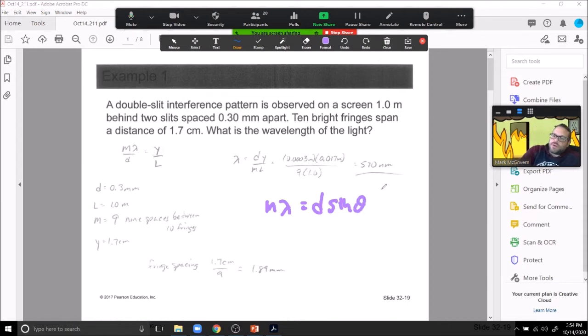Now check this out. If the screen is a meter away and the slit spacing is less than a millimeter, then we are dealing with extremely small angles. And there's this lovely thing called the small angle approximation. When your angles are small, 10 degrees or less, and this is far under 10 degrees typically, then your sine function is almost identical to your tangent function.